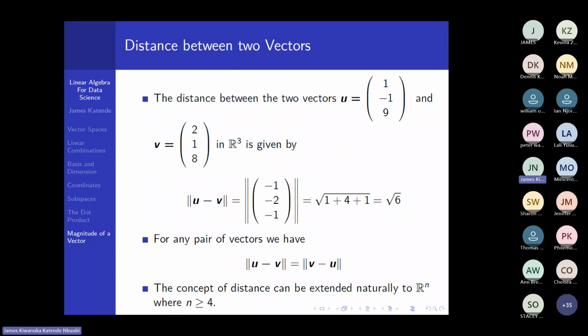Whether you set it up as u minus v or v minus u, you will still get the same answer here. It is possible to extend the same idea to higher dimensional spaces where n is greater than or equal to 4. Nothing changes, you just extend the same ideas to more components in the vector.